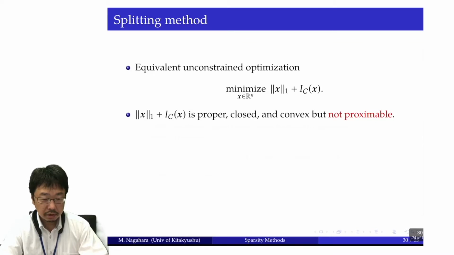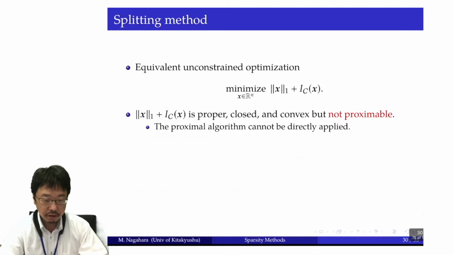We note that the cost function of the L1 norm plus the indicator function is a proper, closed, and convex function, but not proximable. That is, we cannot obtain a closed form representation of the proximal operator for this function.